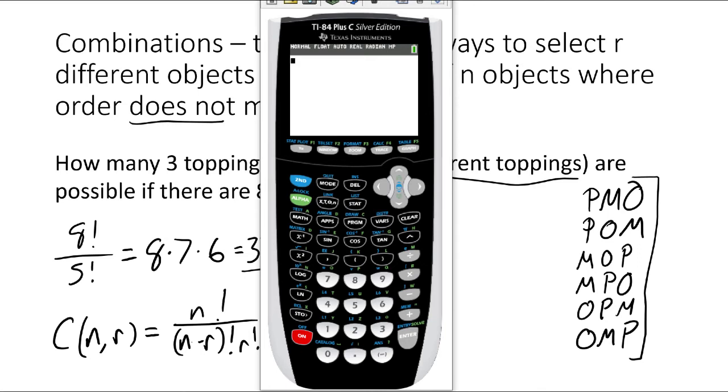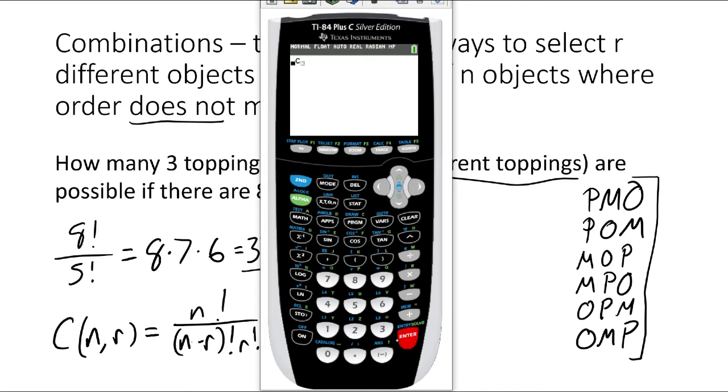So what we're going to do with this version of the calculator is we're going to hit Math, and then over to Probability, and then we're going to select Combination, so nCr. nPr is Permutation, so it works the exact same way. For this one, we're selecting Combination. So with this calculator, you select that first, nCr. So the calculator I'm using here is the TI-84 Plus C Silver Edition.